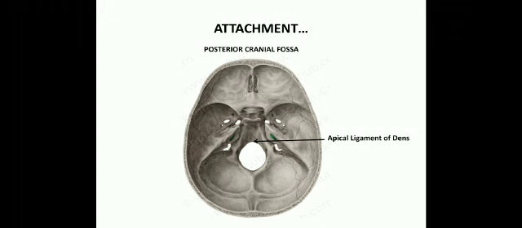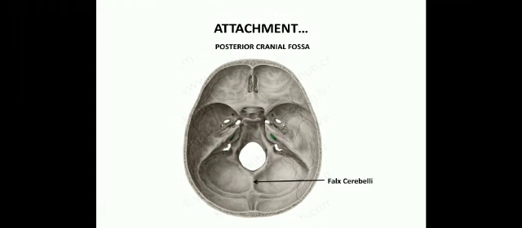The upper vertical band of the cruciate ligament and the membrana tectoria are attached just above the apical ligament. The falx cerebelli is attached to the internal occipital crest.